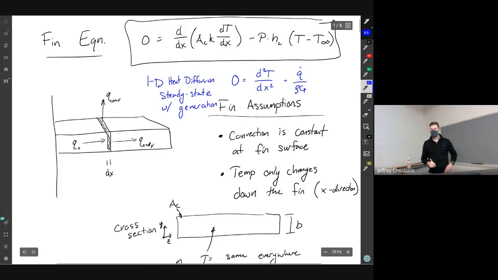If you think about what this equation, the blue equation, meant physically, heat is going to be diffusing. That's the d squared T dx squared. And then the q dot is heat being generated, or I guess taken away in some case.